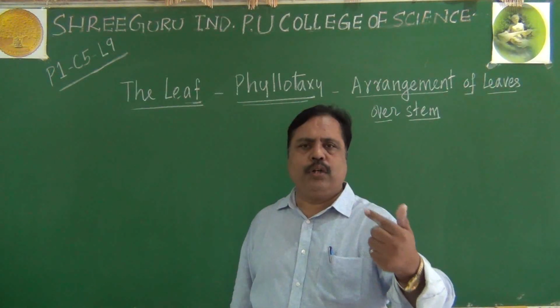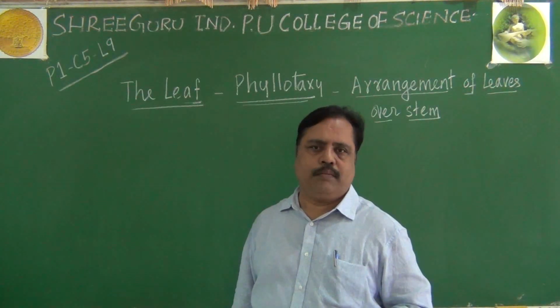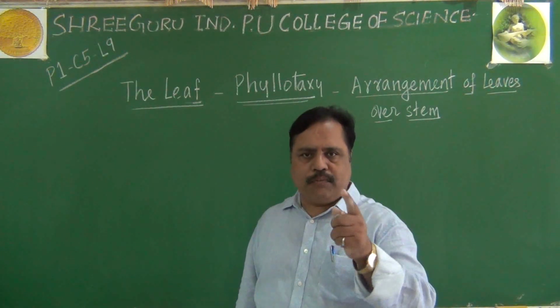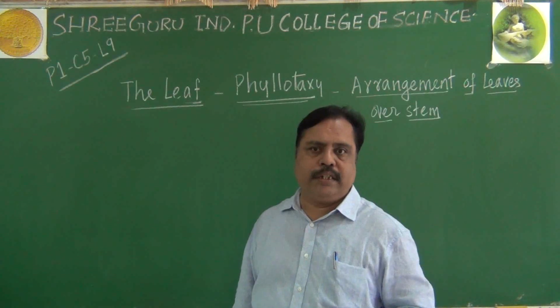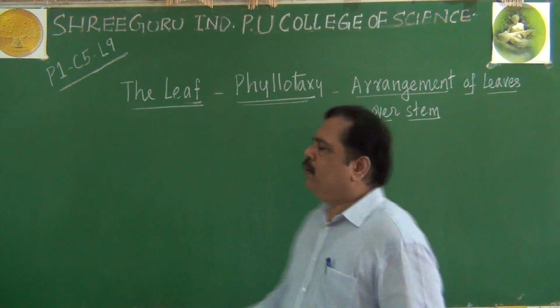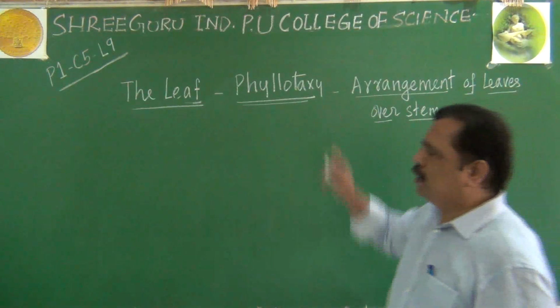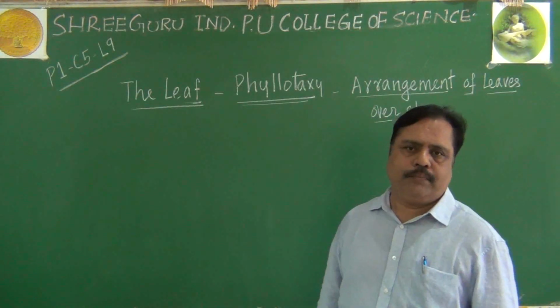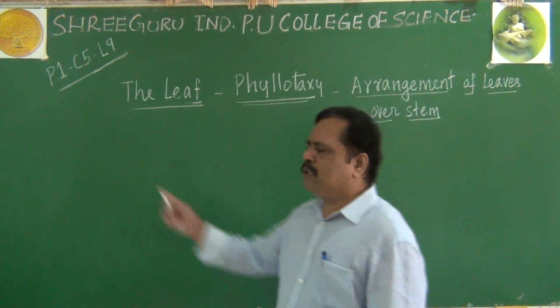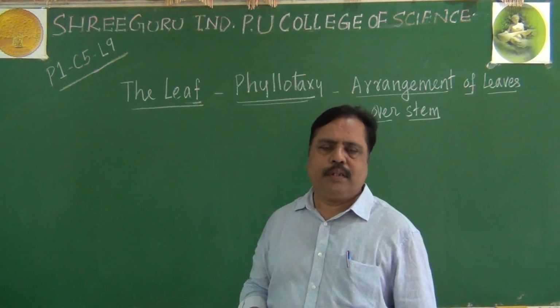Just as I told you another word called venation: arrangement of veins in the lamina is called venation, whereas arrangement of leaves over the stem is called phyllotaxy. Remember, why must there be arrangement of leaves?